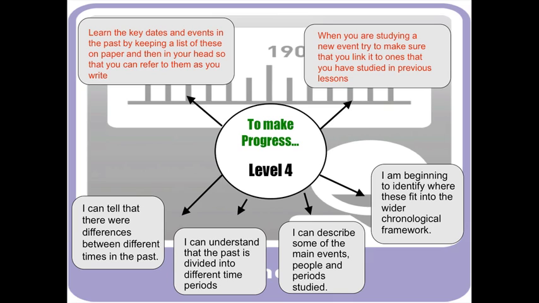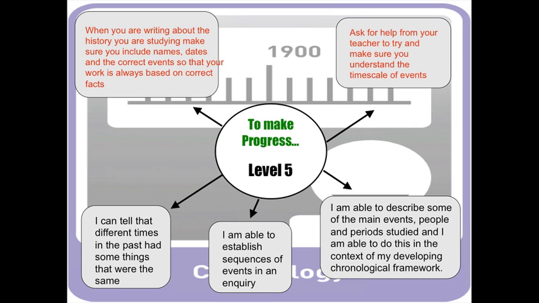Therefore, progress between levels. At Level 4, students seeking to improve should contemplate the following six descriptors or prompts they could undertake to improve. Please pause where appropriate. At Level 5, students should undertake the following considerations to make progress.